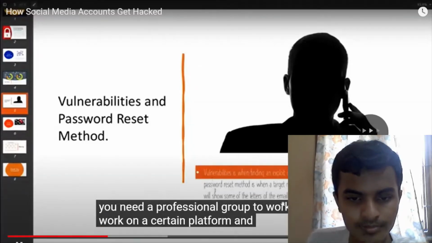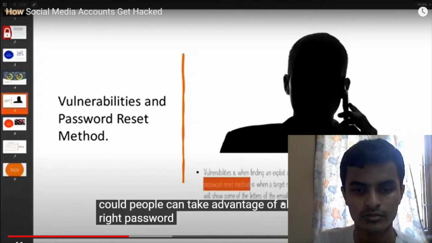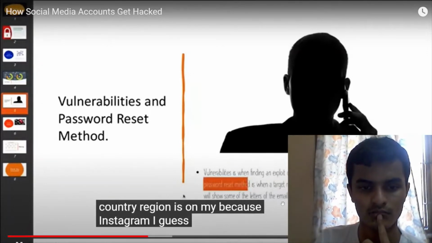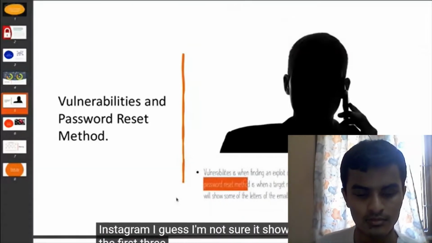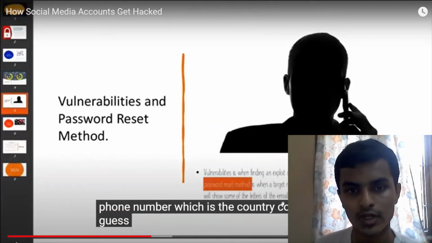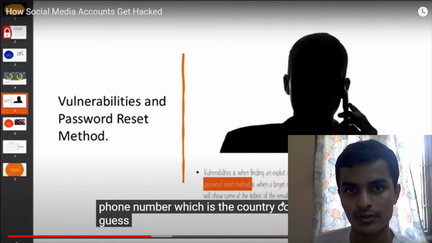Instagram, I guess, shows the first three digits of the connected phone number, which is the country code. Most of the time what happens is they are linking Instagram and Facebook.